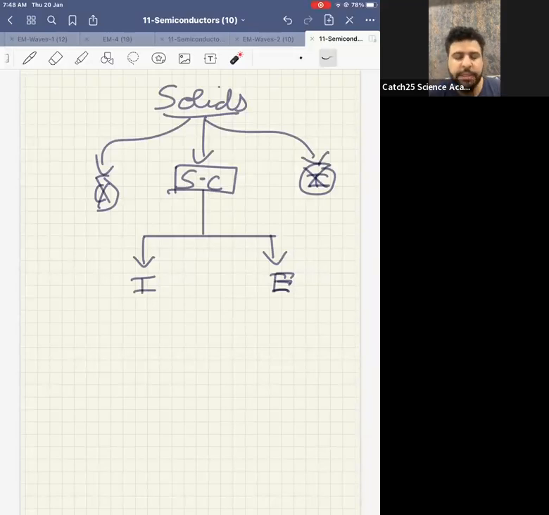For example, listen to me. Can I say milk is intrinsic, milkshake is extrinsic? Milk is naturally available in nature. But if I make some changes to milk and make it milkshake, it is called extrinsic. Tree is intrinsic because tree is found in nature. But furniture is extrinsic because making use of the wood, I make something else.